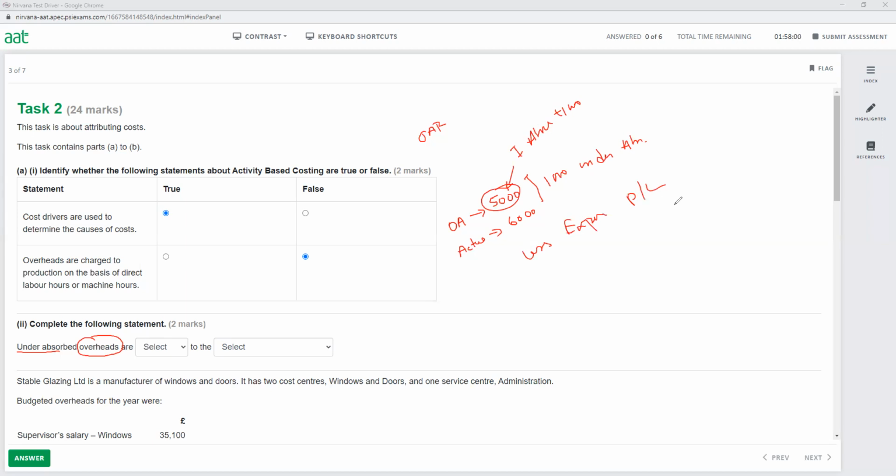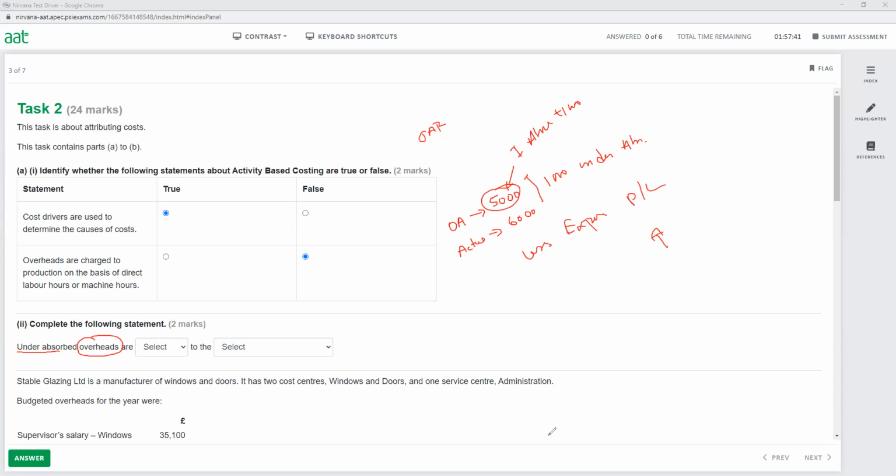If I show less expense, that means my profit is higher on the profit and loss account. So there will be an impact on the profit and loss account. Remember that. Under absorbed or over absorbed will have an impact on our profit and loss account.